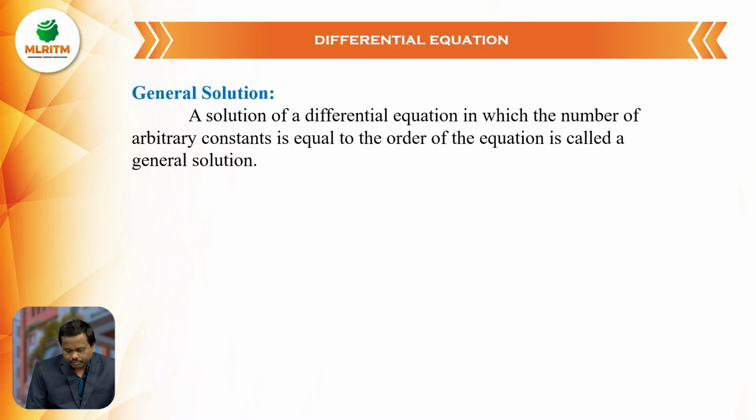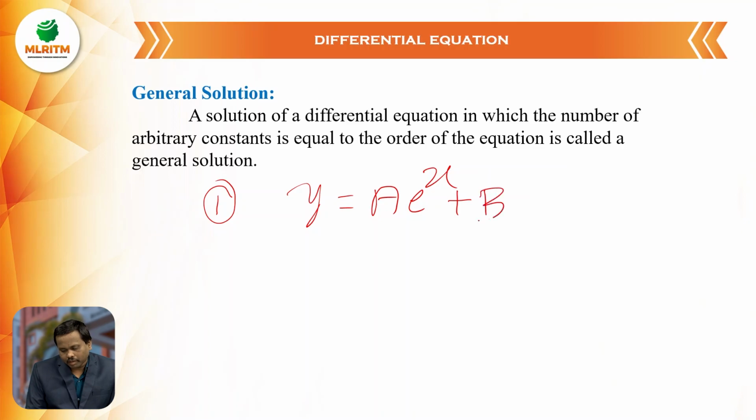So here is one example: y equal to a e power x plus b e power minus x. Here a and b are independent constants.